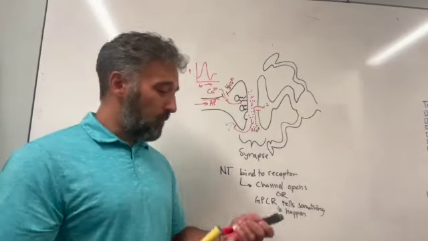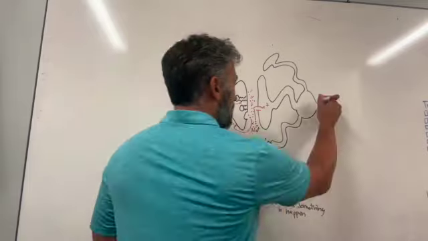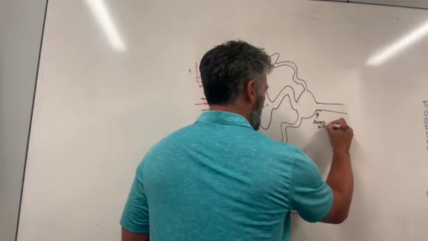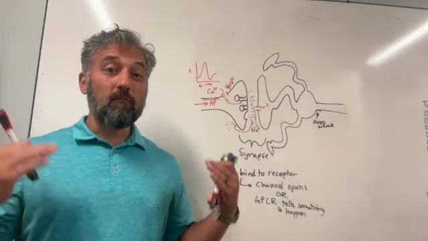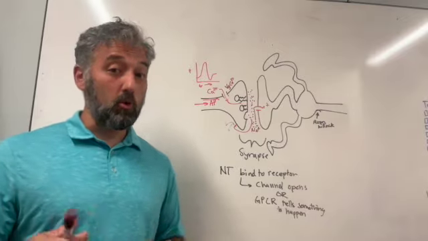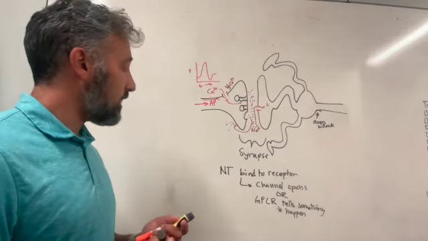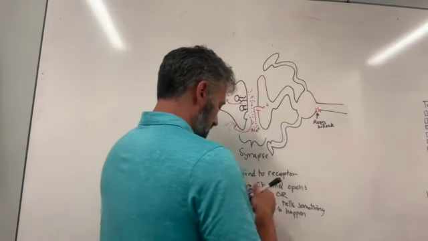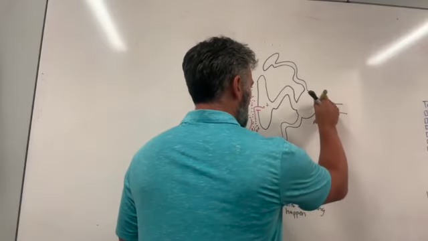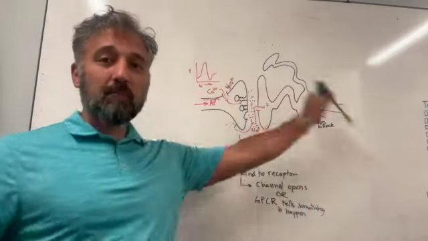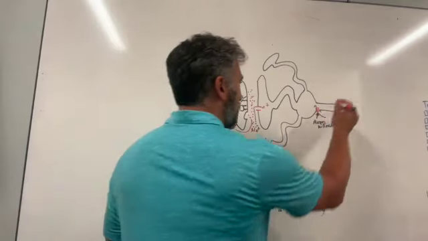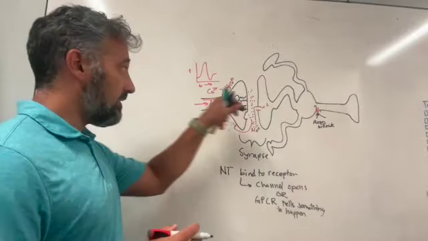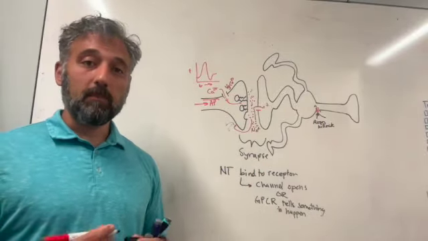If we get enough positivity here at what is called the axon hillock, that is going to be the place where the first set of voltage-gated sodium channels are going to be. And if those voltage-gated sodium channels are there, they can open, and then sodium can go in, and then that'll set off the chain reaction until we end up getting all the way down to the end of our whole entire axon, and then the same thing happens again.